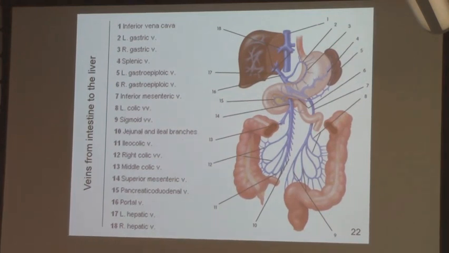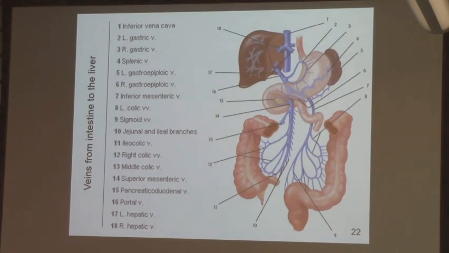Blood has to come from the intestines. Where are we going? We're going to the portal vein. So here is the portal vein, number 16. Knowing what you know about the names of the arteries that are here, what do you think are the names of these veins?